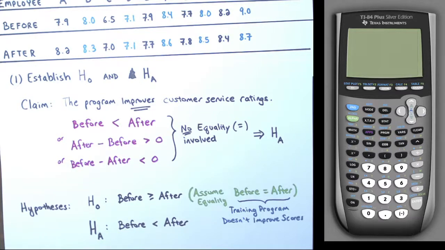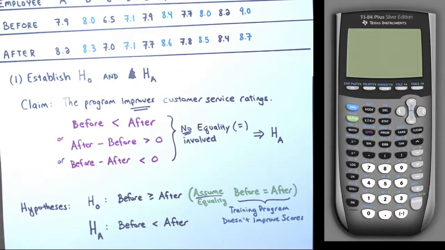Now, one more way of putting this is that before minus after is equal to 0. Another way to put that, if you want to write the equals one as the null hypothesis, totally fine as well. If you don't write the greater than or equal to, if you just write the equal one as the null hypothesis, that's fine, because that's what's being assumed.